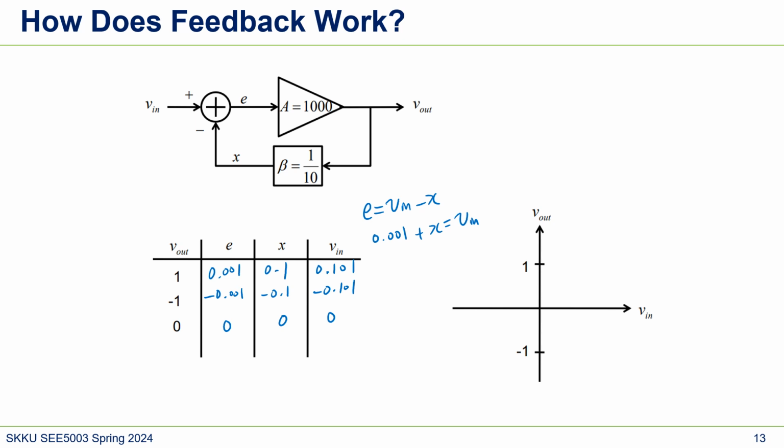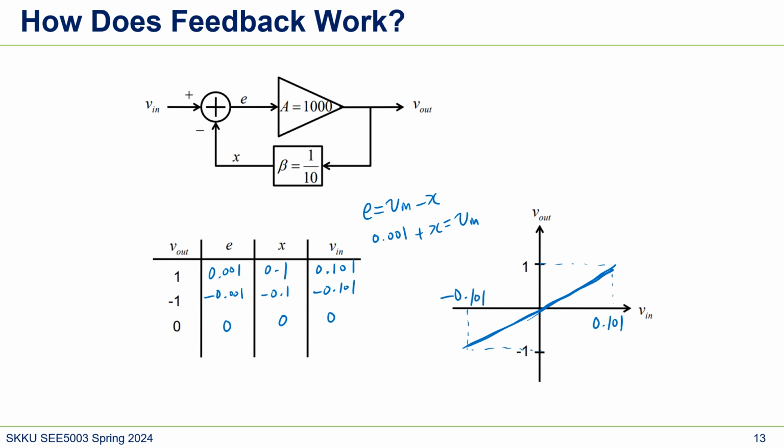So it's just like this line, but not exactly 1/10. V in should be here, 0.101, and then this is minus this one.